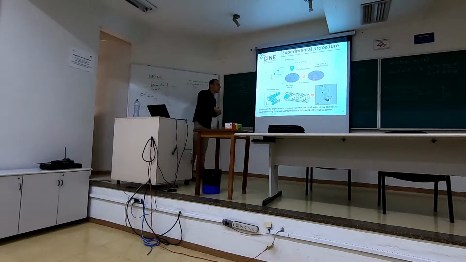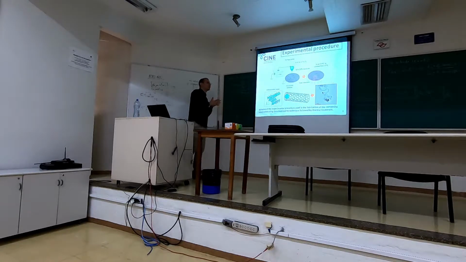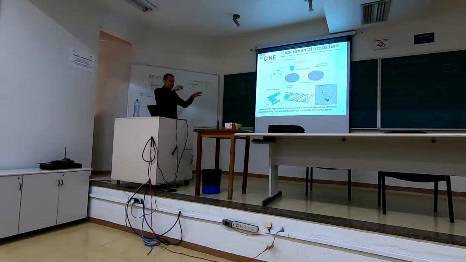After that, we made a thermal treatment at 650 degrees Celsius for 1 hour in a constant flow of nitrogen. Because of that process, the niobium pentoxide nanoparticles are partially covered with a thin layer of carbon and encoded in carbon nanotubes.